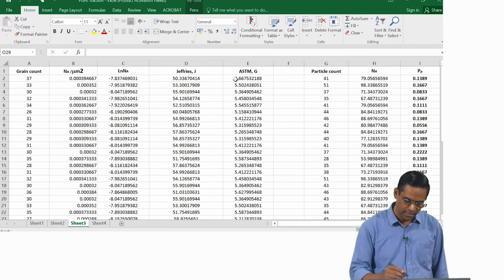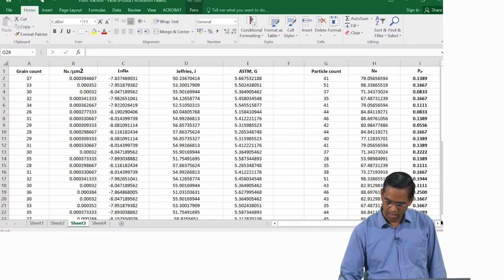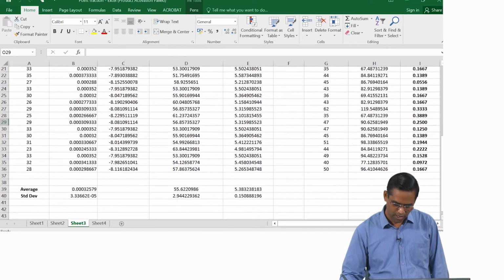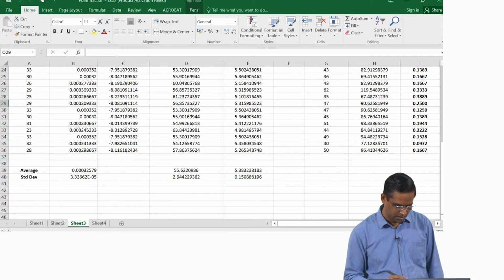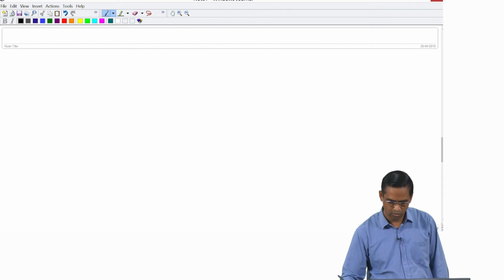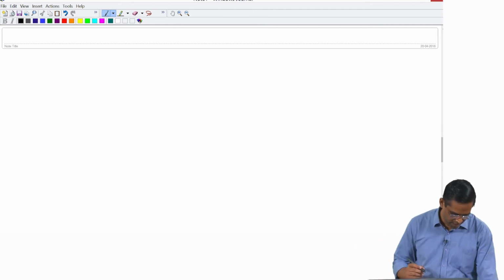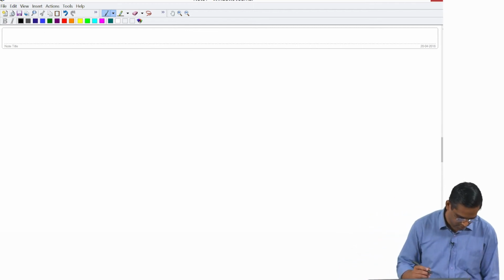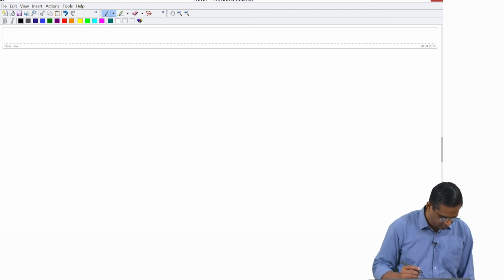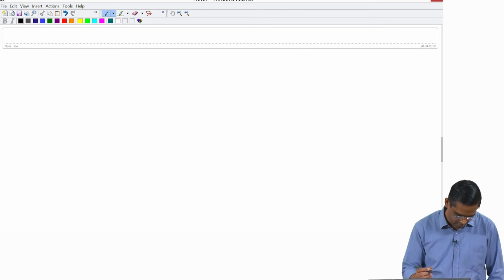So, it all related. So, I have just populated here, and what we can do is, now we will go back to this sheet and then we will try to work it out how I arrived at this. So, let us do this.